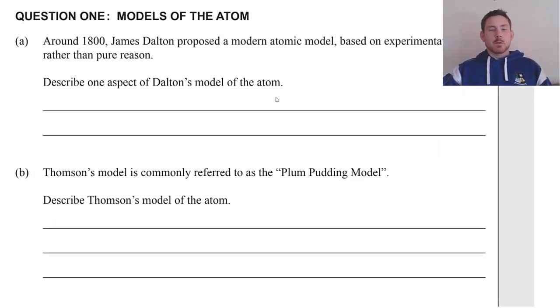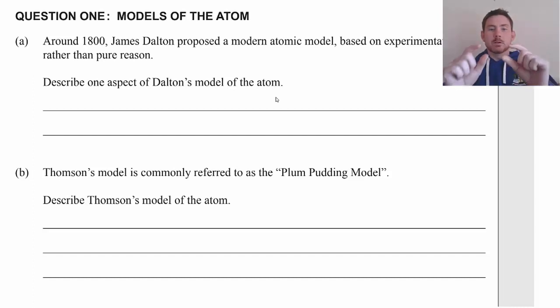So question 1 deals with different models of the atom, and we're asked to describe one aspect of Dalton's model of the atom. And Dalton suggested that all matter was made up of these indivisible particles called atoms, from the Greek atomos, which I believe means indivisible.